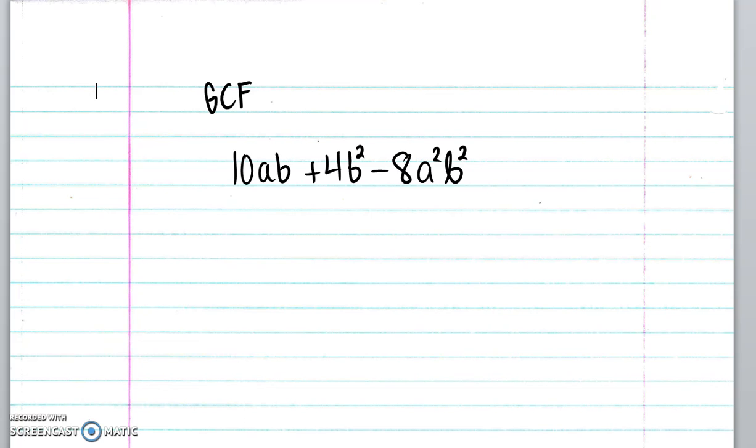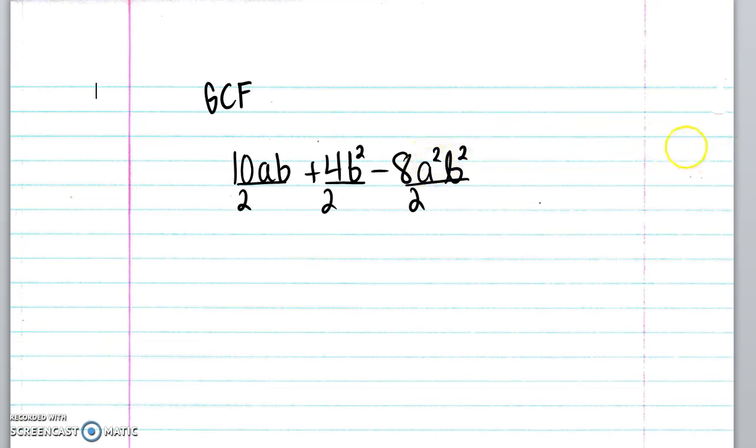Now, first of all, we're going to look at the coefficients, and we're going to check that smallest coefficient. 4 goes into 8, but it doesn't go into 10. So 4 is not our greatest common factor. Another number that goes into 4 is 2. 2 does go into all 3 of those terms, so we're going to take out a 2. Then we're going to look at our a's. There's an a, there's an a squared.